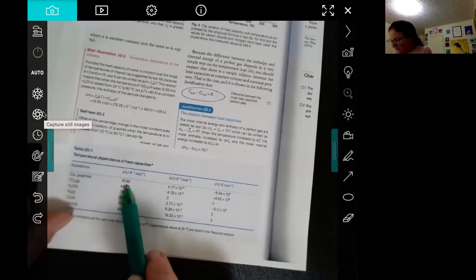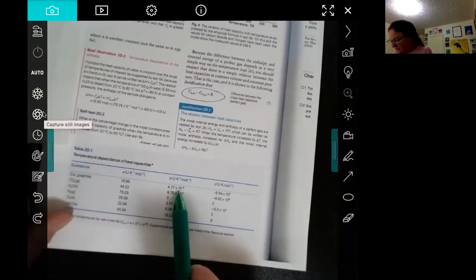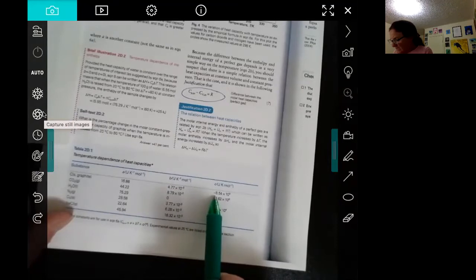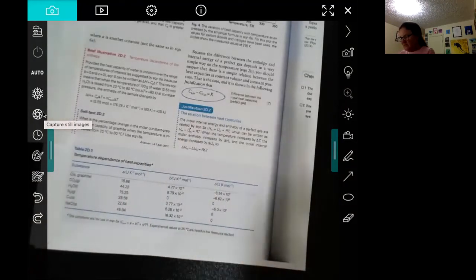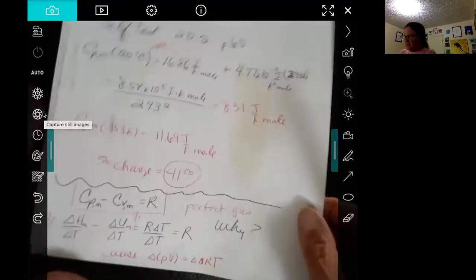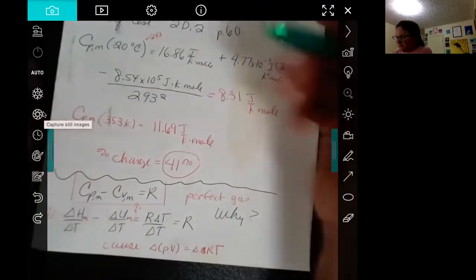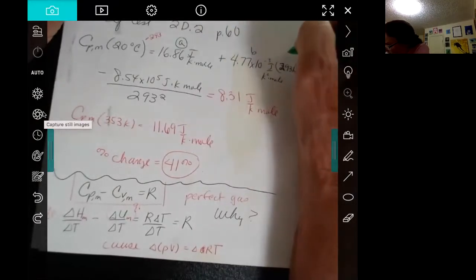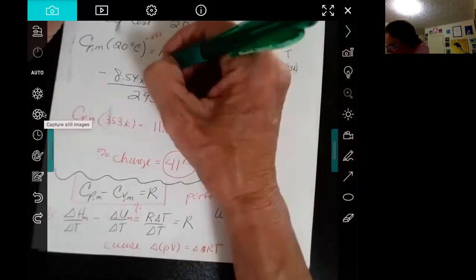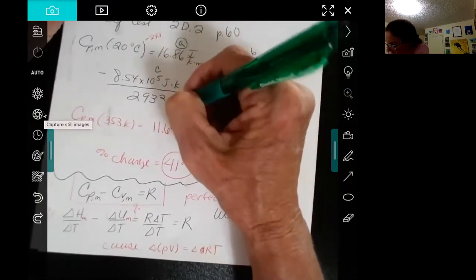So 16.86, 4.77 times 10 to the minus 3, negative 8.54 times 10 to the 5th. They're all in SI units, so joules. So I'm going to use those numbers. So this is A, this is B times T, this is C, and this is T squared.